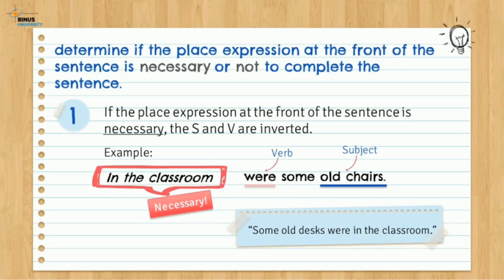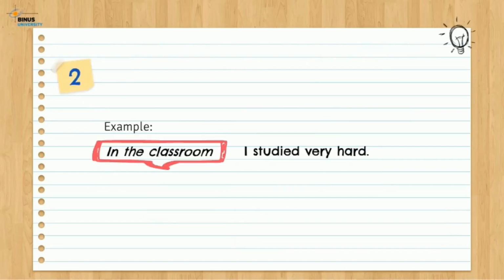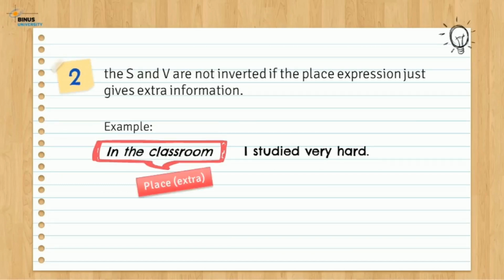Another form of this sentence is some old desks were in the classroom, so the place expression is needed there. Meanwhile, the place expression in the classroom here is not needed to complete the sentence, as it just gives extra information. In this case, the subject and verb are not inverted.